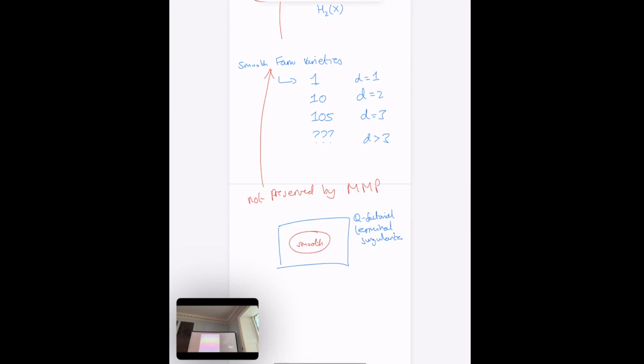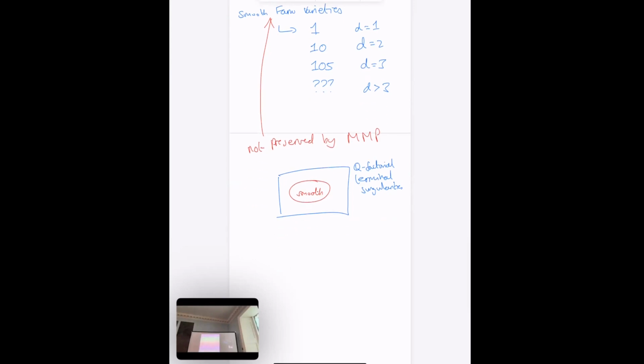These are mild singularities, which contain the smooth ones, are slightly bigger, and are closed under the minimal model program. So what we'd like to do is understand and classify Fano varieties with Q-factorial terminal singularities.